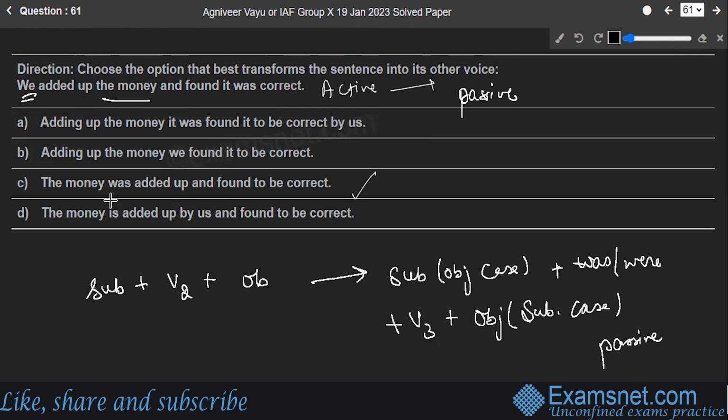All right. So now it will be the money. It will come here and was added up will be introduced because we have to introduce the third form of the verb. And found it to be correct. So this much portion will come as such. Right? So that's it. We got option C as your answer.